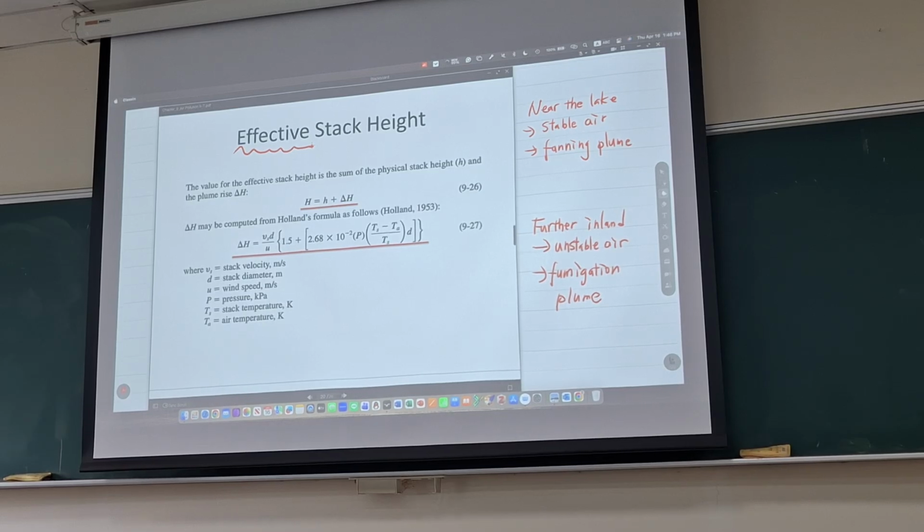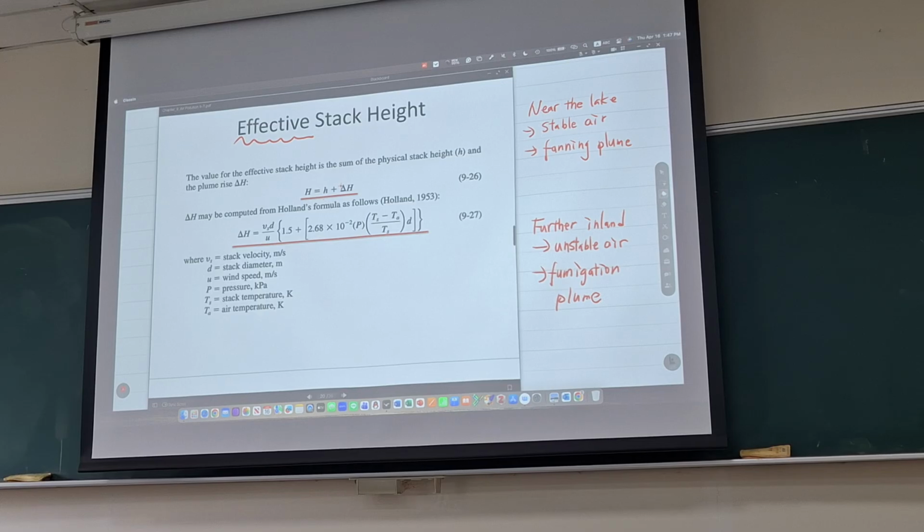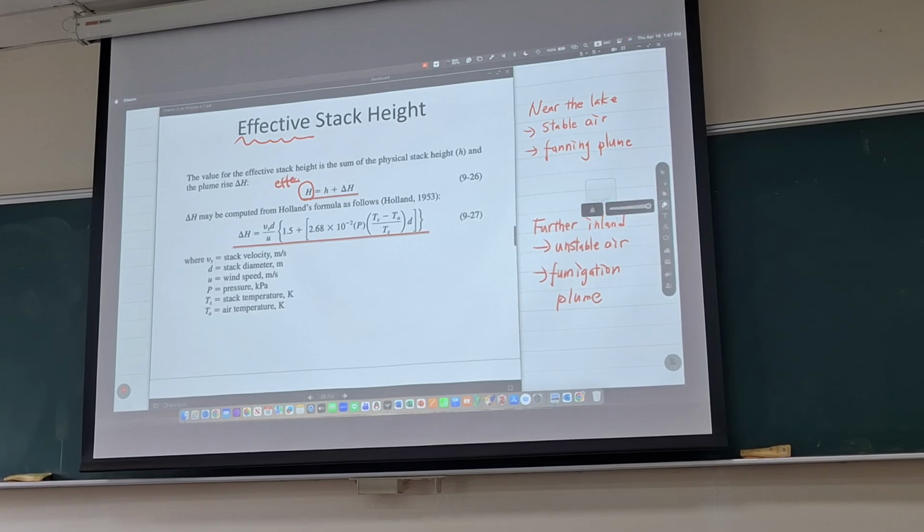Based on the formula, we can calculate the actual height at which pollutants are released into the atmosphere, after accounting for the plume rise. So first off, the capital H here is the effective stack height.